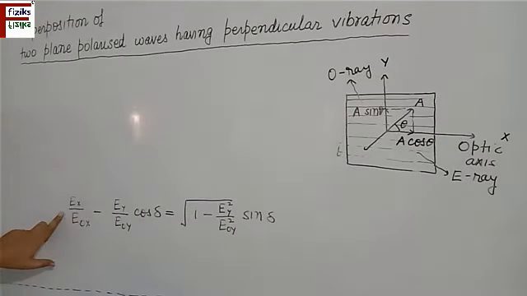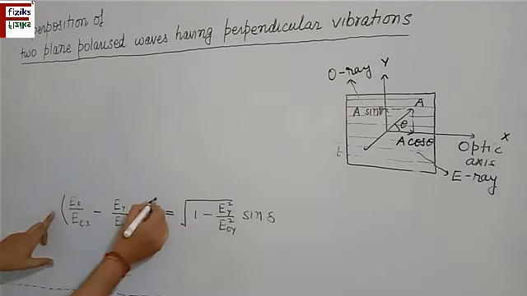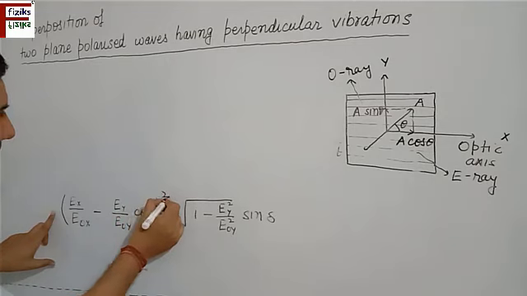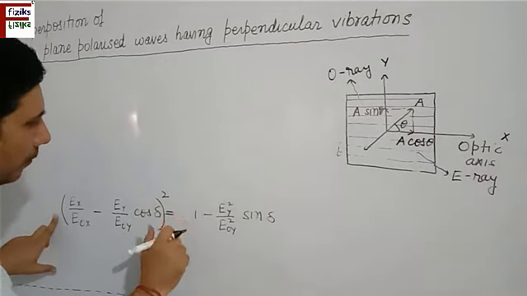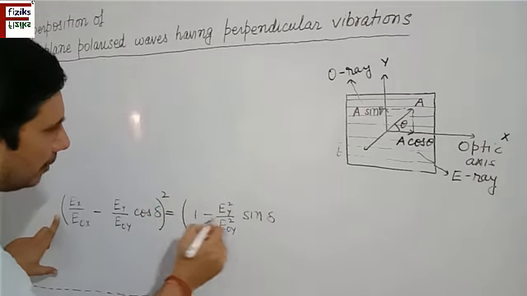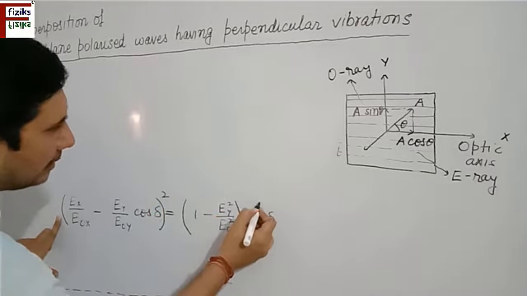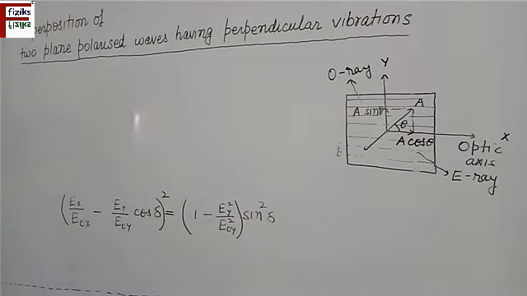So on squaring, the square root will become to the power one half into two, so it will become like this. This will become sine square delta. So now open this square term.